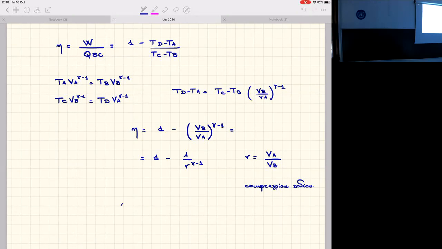Now, if you take the eta from this, you will get 1 minus 1/8 to the power of 0.4, which is about 56%. Now, don't even dream of this kind of efficiency in your car. It's much lower than this. This is an overestimate. Most of the money you spend for the fuel is wasted. Unfortunately.